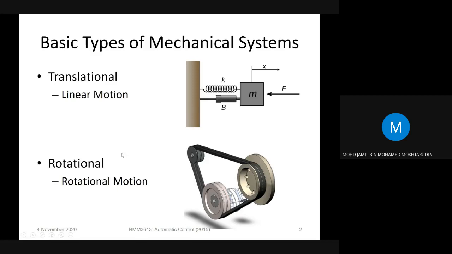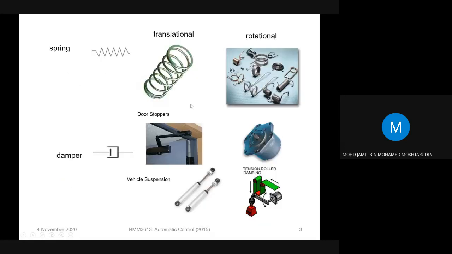For rotational motion, it involves rotating bodies, and you can connect the rotating body to something that can move linearly. Here they use a timing belt. Maybe automotive students have encountered these components before.